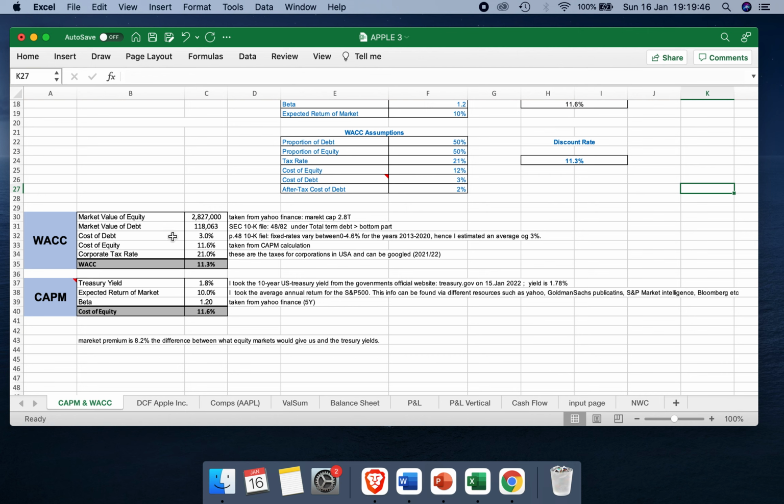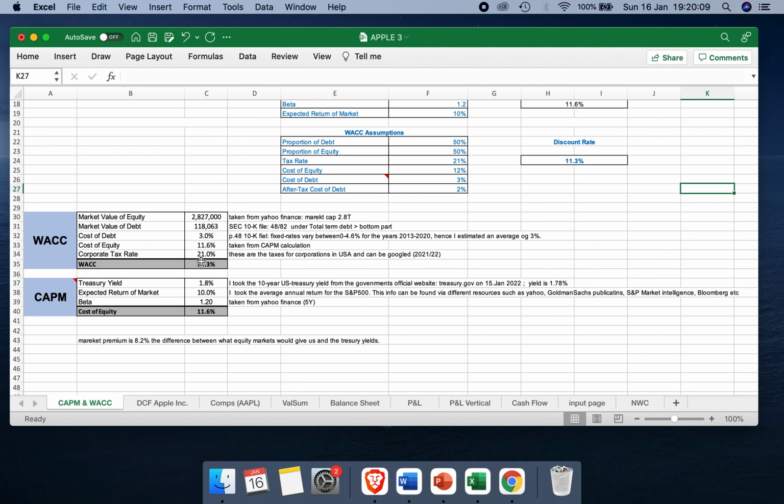For the cost of debt, I took 3%. This is also an estimation. I looked at the interest rates that Apple was paying between the years 2013 and 2020, so I thought, okay, I'll just take the average, and I took 3%.